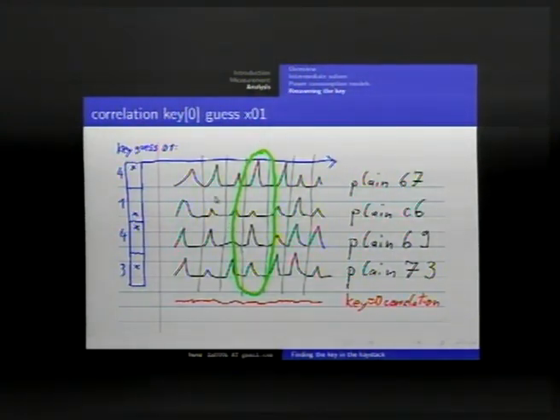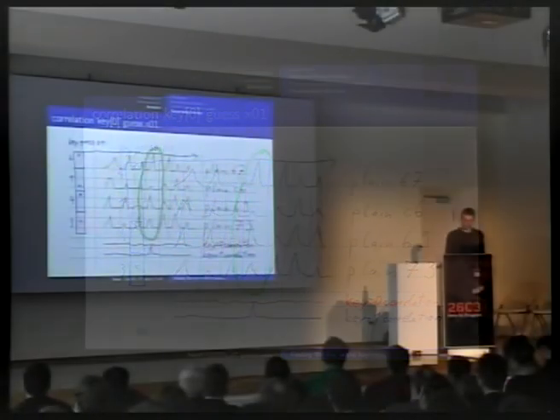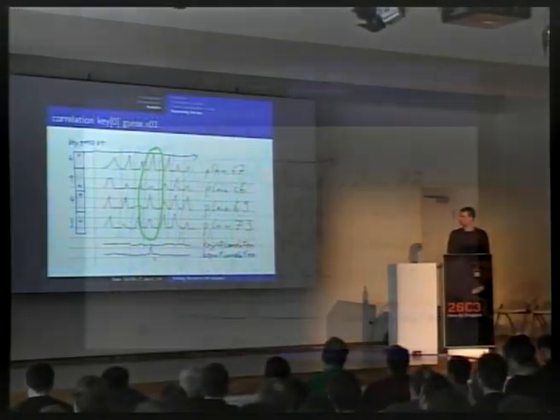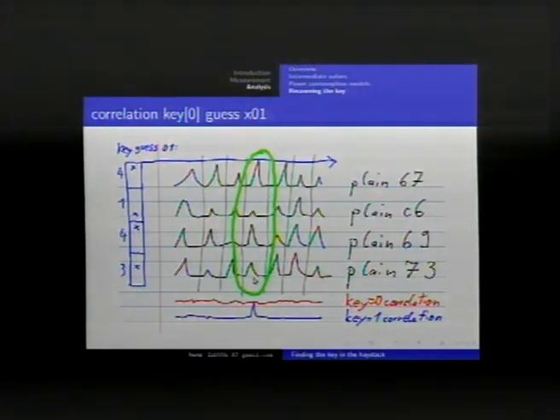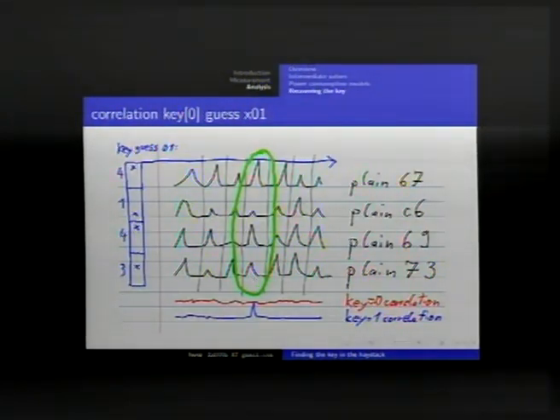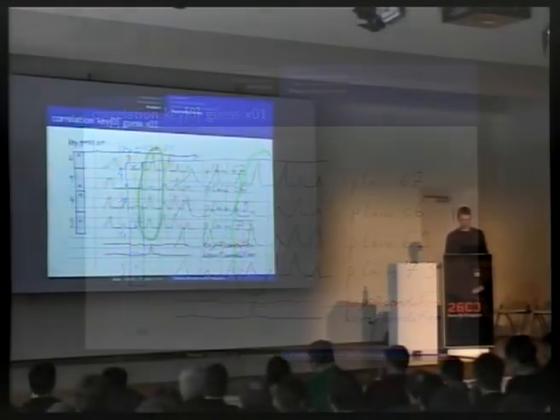So our correlation curve will look like this. This is where our intermediate value that we predicted actually got overwritten within the microcontroller, exactly in the way we predicted. This is what our correlation curve tells us.